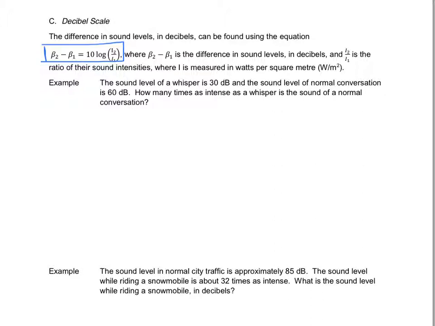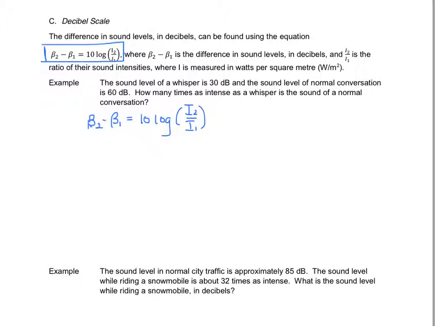Our example says the sound level of a whisper is 30 decibels and the sound level of normal conversation is 60 decibels. How many times as intense as a whisper is the sound of a normal conversation? In this question, we're going to use this new formula: B2 minus B1 equals 10 log I2 over I1.